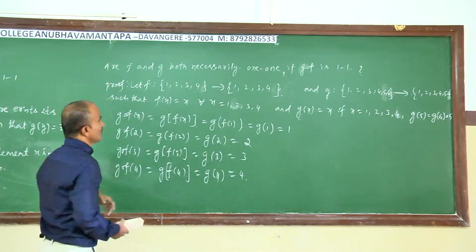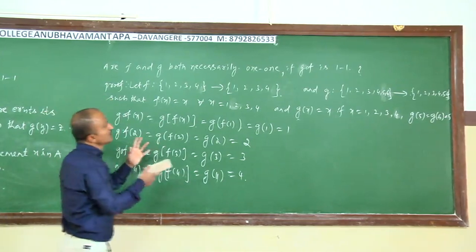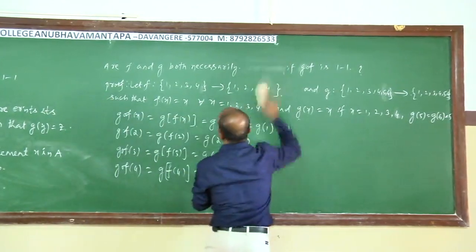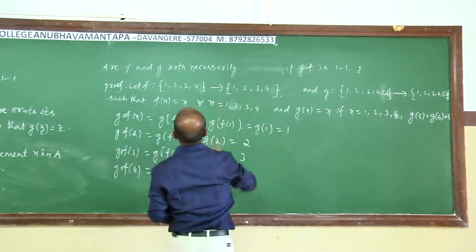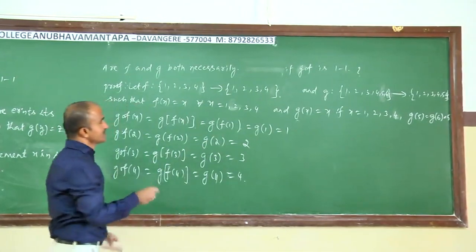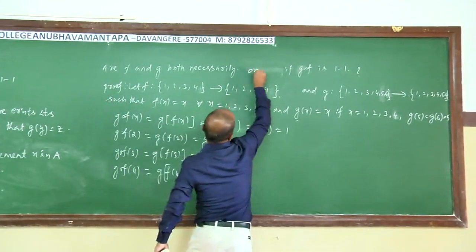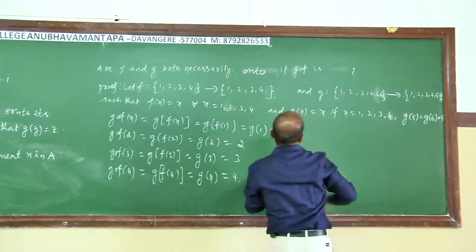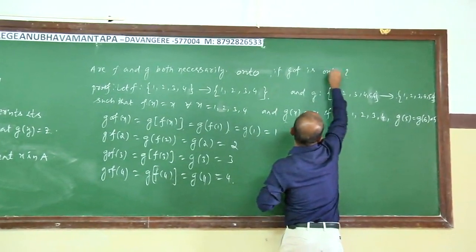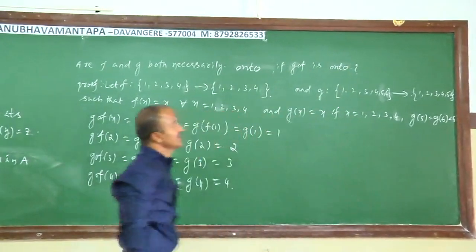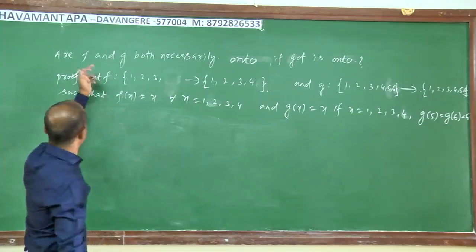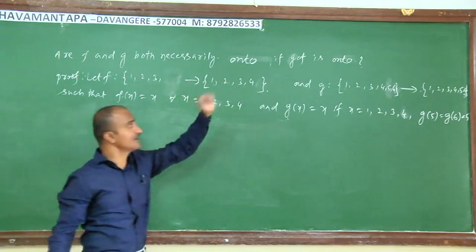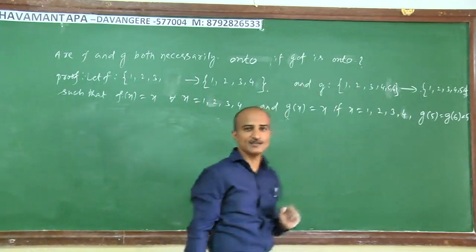Now one more property. Are f and g both necessarily onto if g∘f is onto?